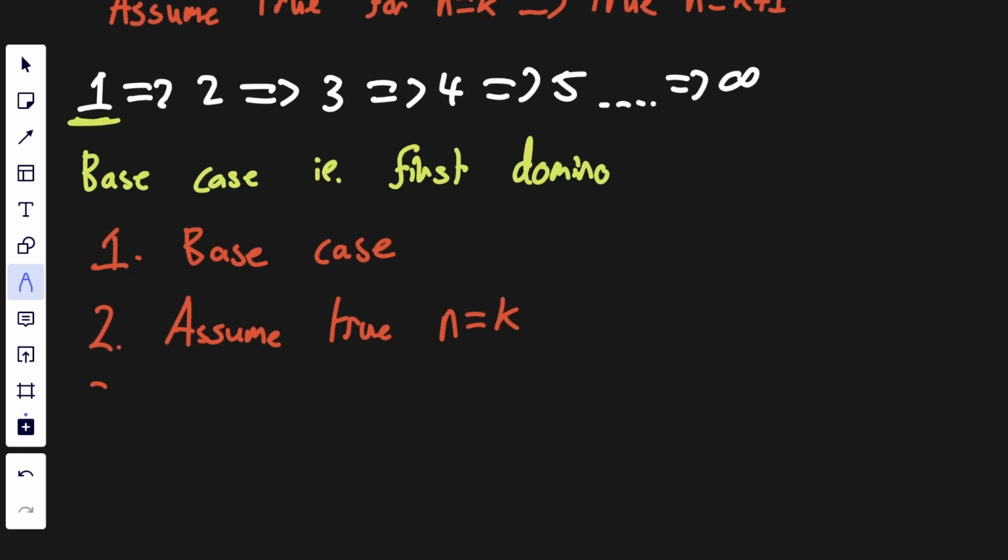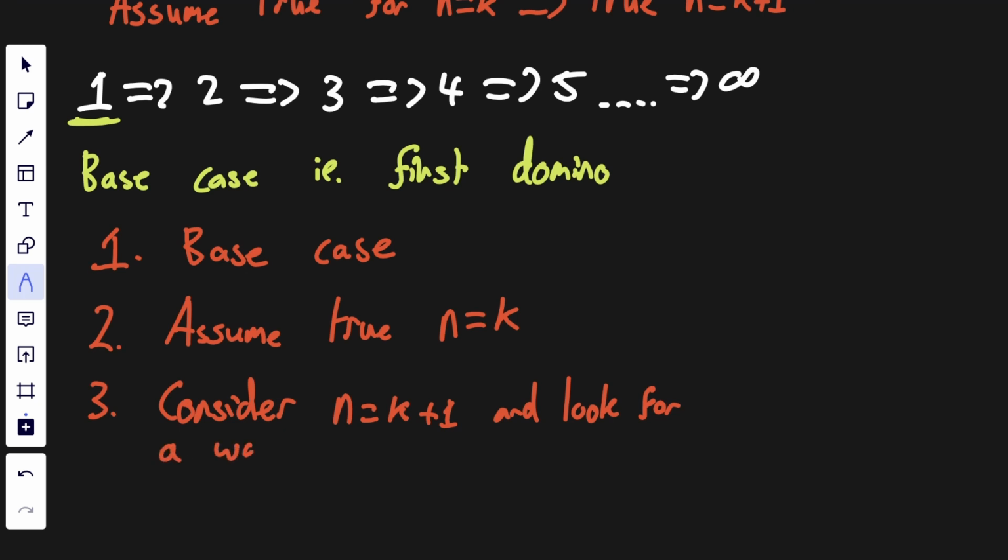And then our final step is we're going to consider n equals k plus 1 and look for a way to involve step 2. And this is really a big overview of the whole method for every single question you're ever going to encounter.